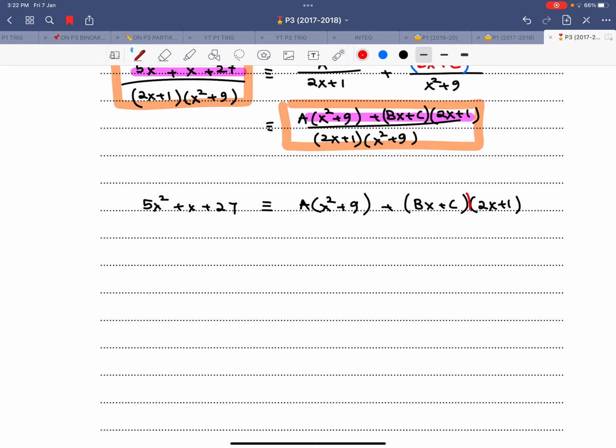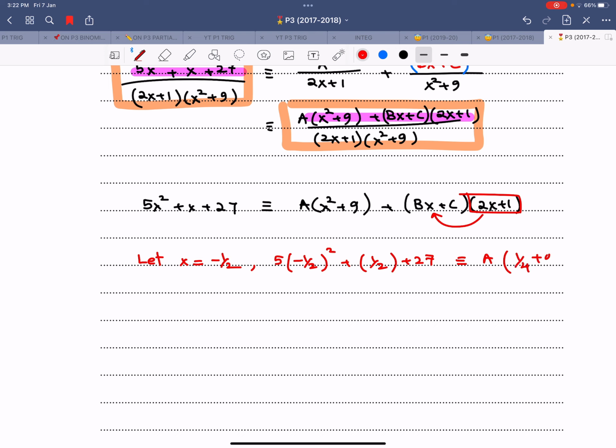What is that? Make this thing 0 so that this whole thing becomes 0. What value will make this 0? So let x equal minus half. Therefore, 5 into minus half squared, plus minus half, and 27. That is equal to 8 times minus half squared.